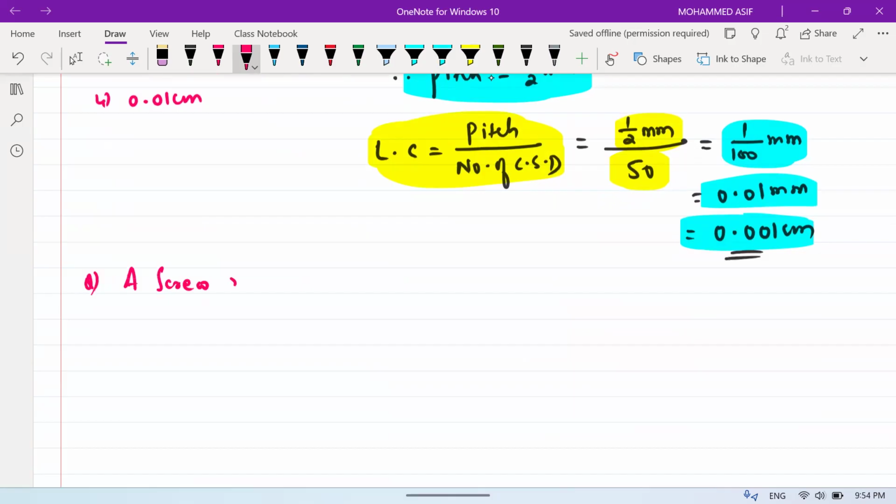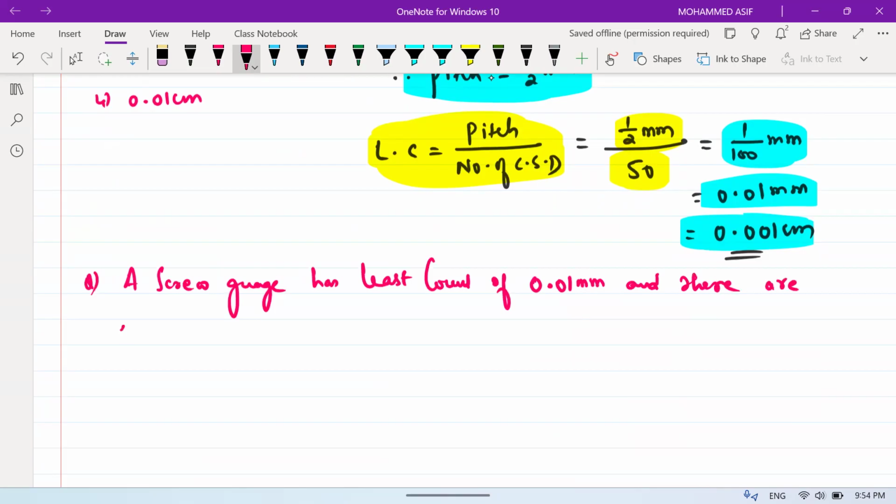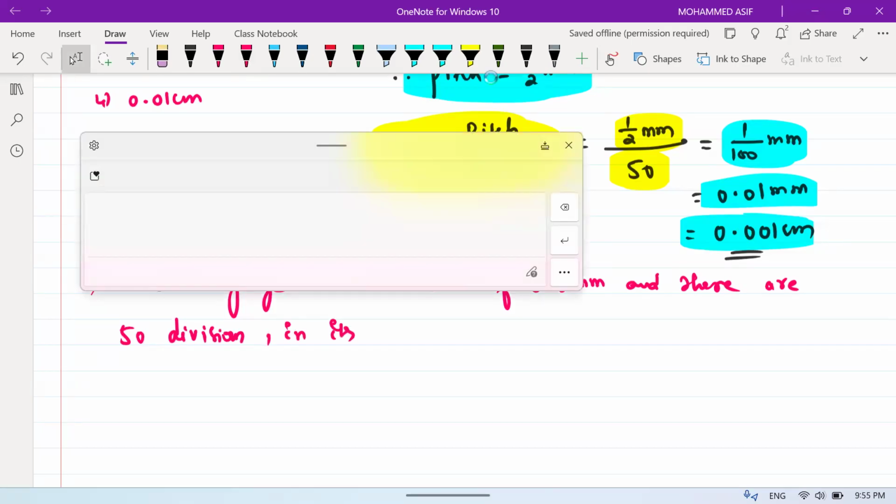A screw gauge has a least count of 0.01 mm, and there are 50 divisions on its circular scale.